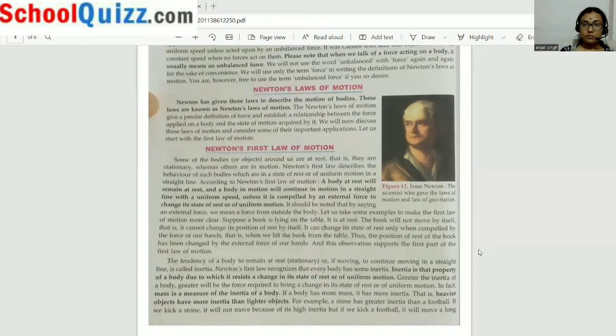A body in motion will continue in motion in a straight line with a uniform speed. In both conditions, either a body which is at rest will remain at rest, or a body in motion will remain in motion, unless an external force is applied on it.